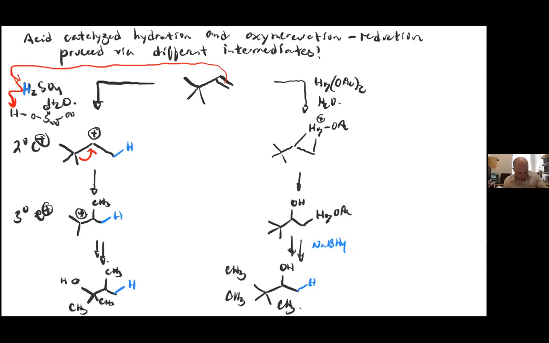Because the middle C on the right-hand side, the C at the 3 position, would have a CH3, a CH3, and an H coming off of it. But the H coming off of it is different from the blue H. Yeah, so this one has an H. Okay.